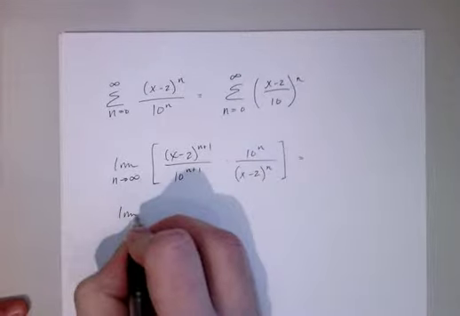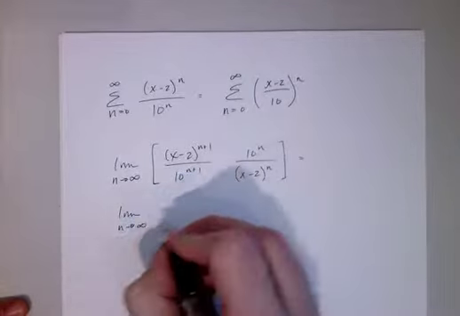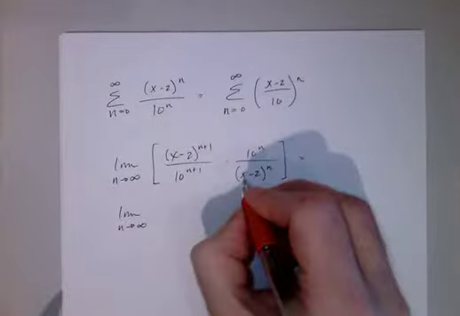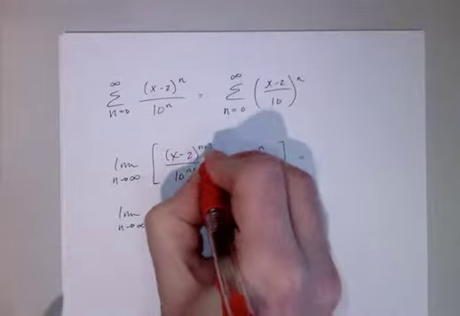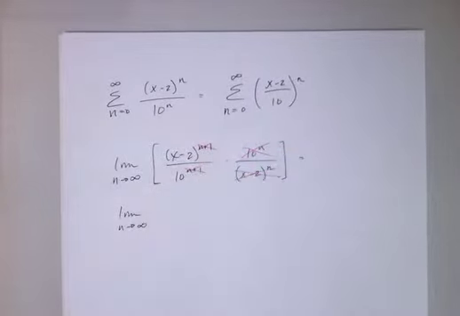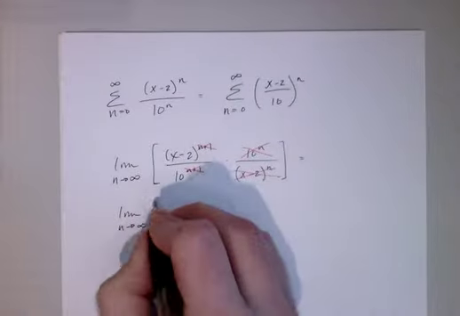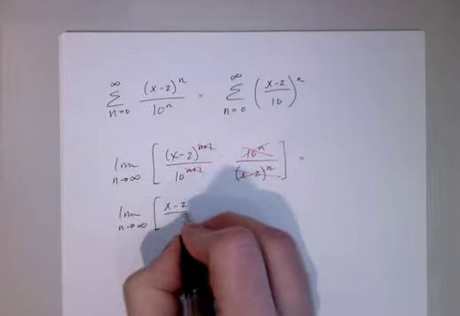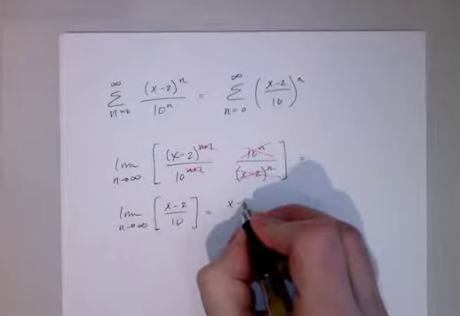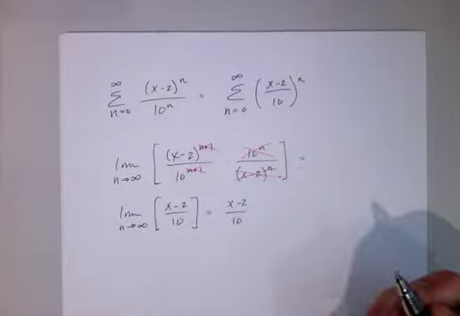We have the limit as n approaches infinity. Remember, all of these cancel with all but one of these, and what I'm left with is x minus 2 over 10. Notice there's no n involved anymore, so the limit is just x minus 2 over 10.